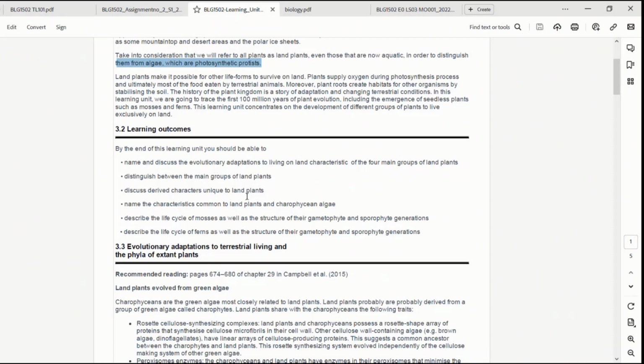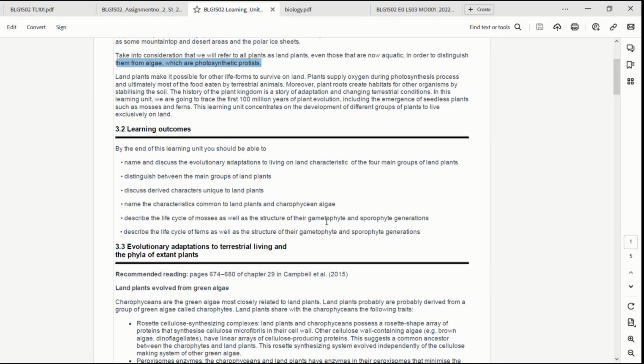So questions such as: name and discuss the evolutionary adaptations to living on land, the characteristics of the four main groups of land plants; distinguish between the main groups of land plants; discuss the derived characteristics unique to land plants; name the characteristics common to land plants and their charophyte algae; describe the life cycle of mosses as well as the structure of gametophyte and sporophyte generations; and describe the life cycle of ferns as well as the structure of their gametophyte and sporophyte generations.